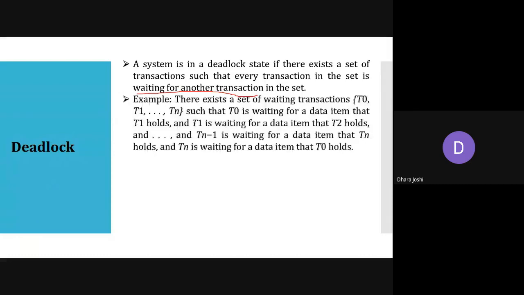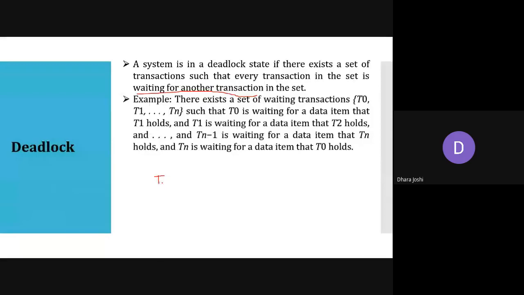Now we take an example of more than two transactions. Suppose we have a set of waiting transactions T0, T1 up to Tn, such that transaction T0 is waiting for a data item that is acquired by transaction T1, transaction T1 is waiting for a data item acquired by T2, and so on.